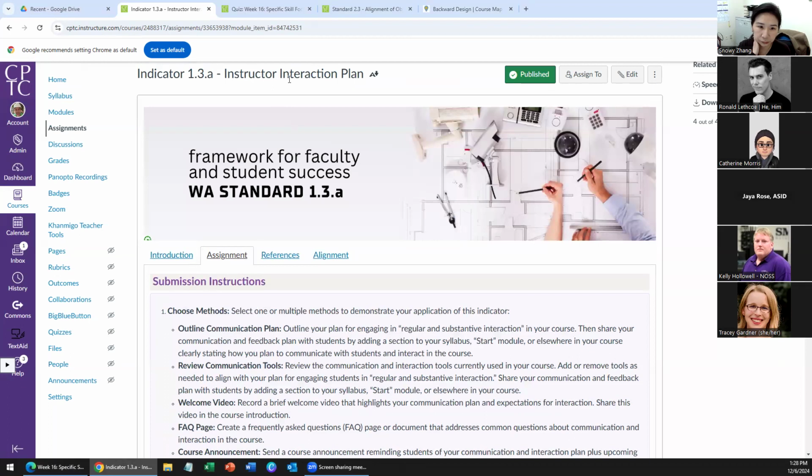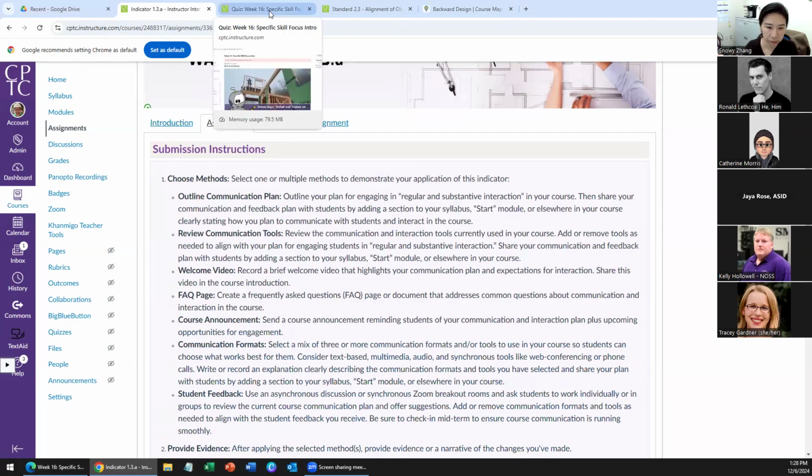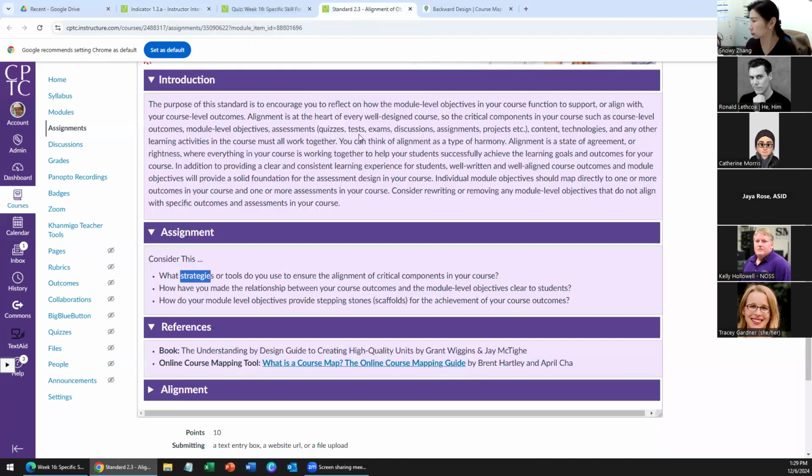So if this is an instructor interaction plan, then there are multiple ways: a FAQ page, a welcome video, an outline of the plan. So if y'all can get some inspiration from that, that was what I put in the chat. Kelly said multiple ways of assessment. That's what Snowy is saying, but that's also kind of the idea behind universal design for learning, making sure your assignment is accessible for all the different kinds of learners and ways that they learn.